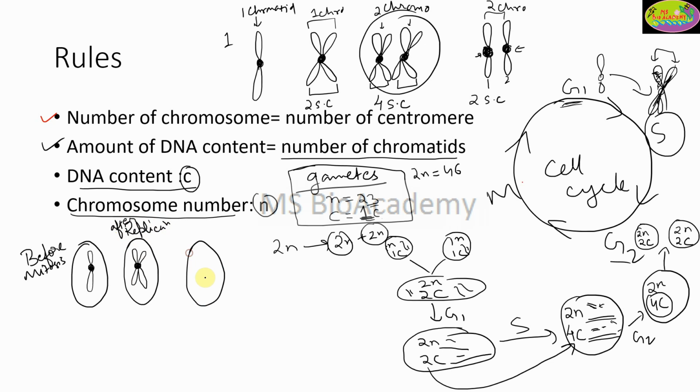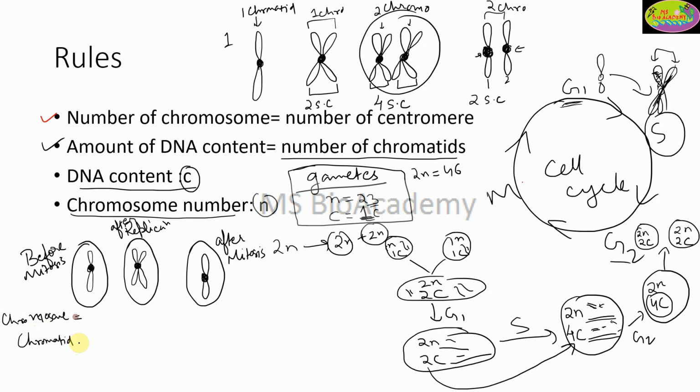Now again, just after mitosis, this will be the condition. So what you can say here is the chromosome number is 1. Let's suppose here I write the chromatid number, and this is your chromosome number.